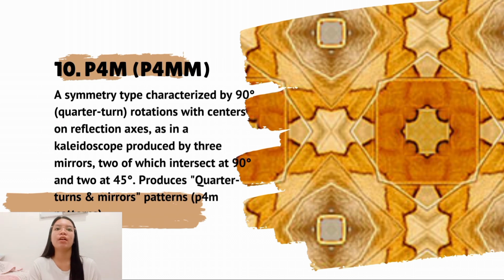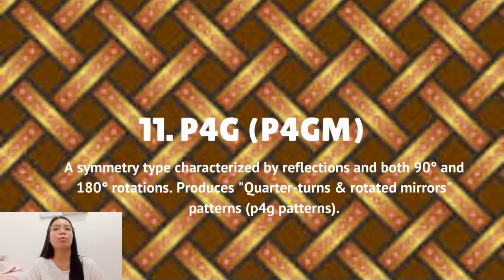The 10th example is P4M, a symmetry type characterized by 90-degree rotation with centers on the reflection axis. Earlier, as I mentioned, 90-degree rotation doesn't have centers on the reflection, while our 10th example does.